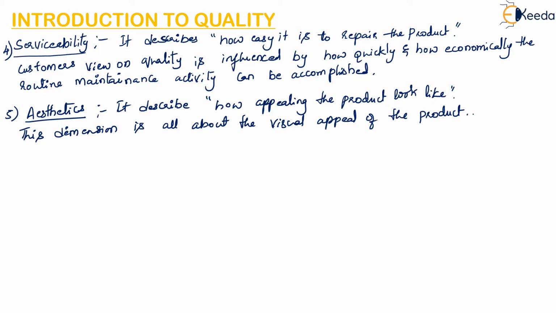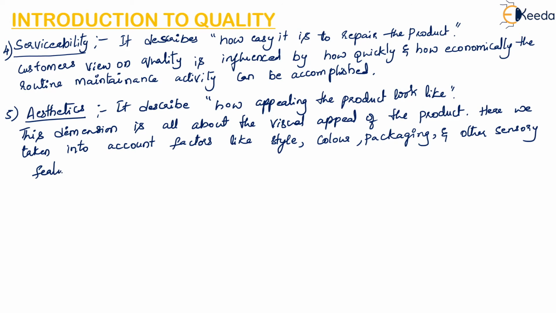Here we take into account factors like style, color, shape, packaging, and other sensory features. Aesthetics of a product is a very important dimension, because if the product has good working ability but it is not appealing or does not look good, then the customer may not purchase it. So aesthetics has to be considered while we want to make a very good quality product.